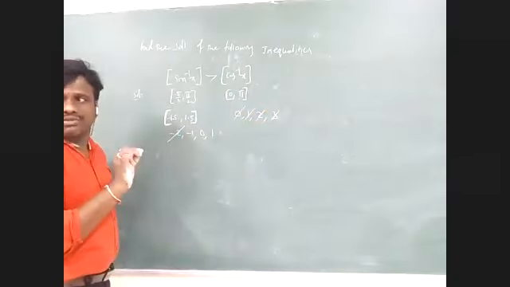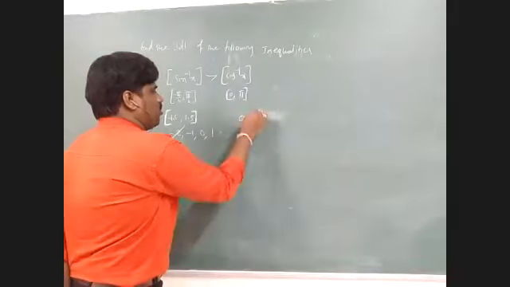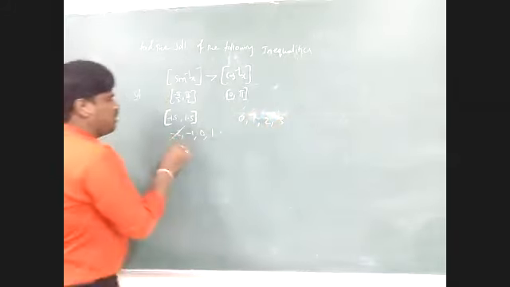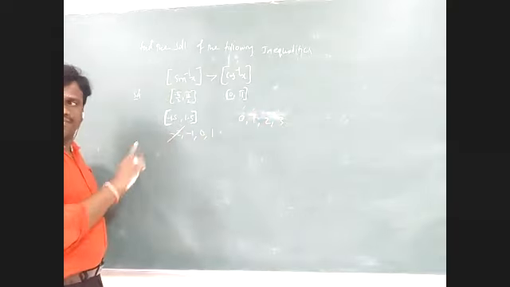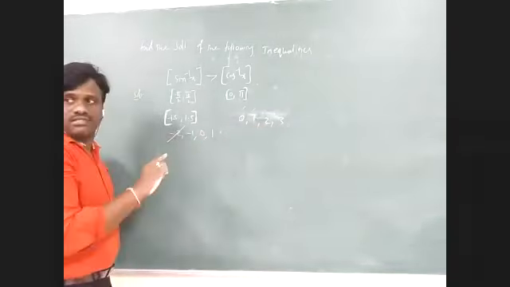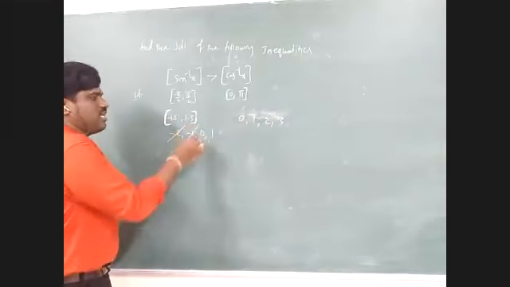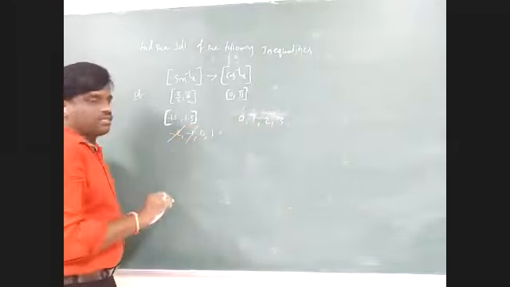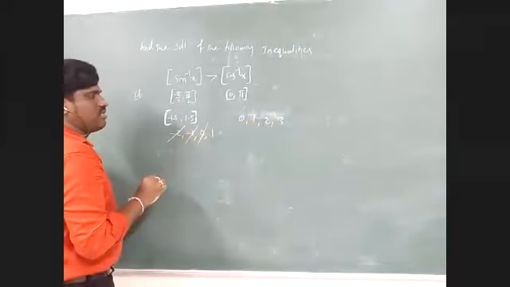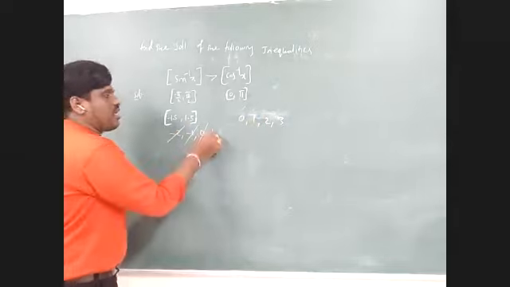Minus 2 will not work. 0, 1, 2, 3. Minus 1 is not greater than any of this. 0 is also cancelled. Is 1 greater than any of this? Yes, 1 is greater than 0.